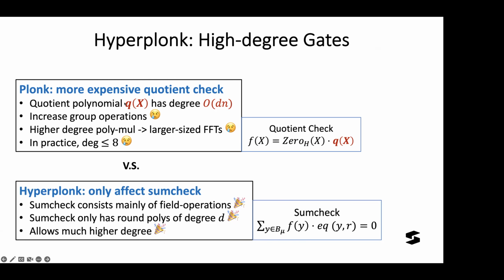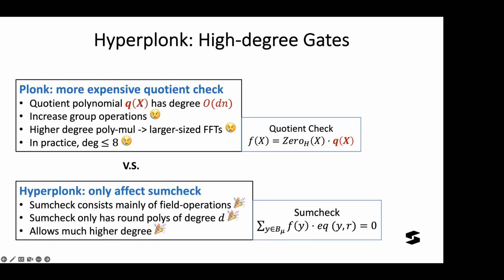So essentially it's d times log n group operations versus d times n group operations. That's why super high degree gates in univariate Plonk don't make sense: whatever factor you save, you lose again when you commit to the quotient polynomial.